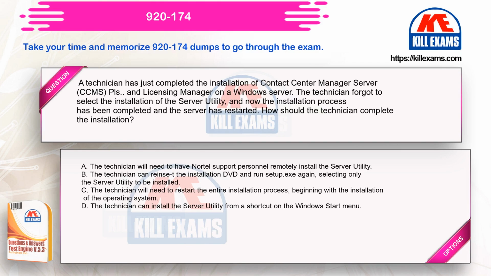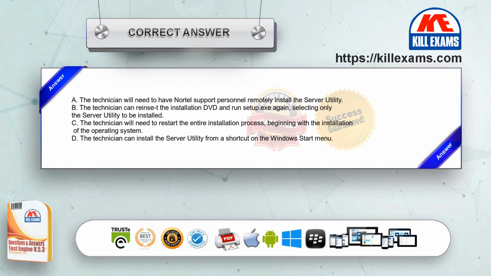Option B. The technician can reinsert the installation DVD and run setup.exe again, selecting only the server utility to be installed. Option C. The technician will need to restart the entire installation process, beginning with the installation of the operating system. Option D. The technician can install the server utility from a shortcut on the Windows Start menu. The correct answer is option B.